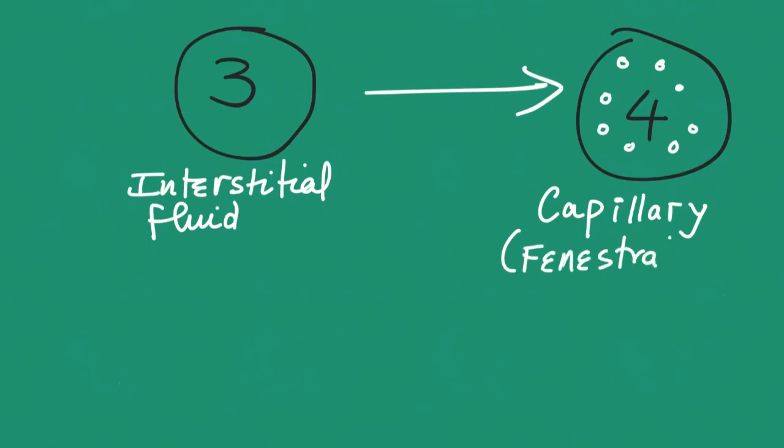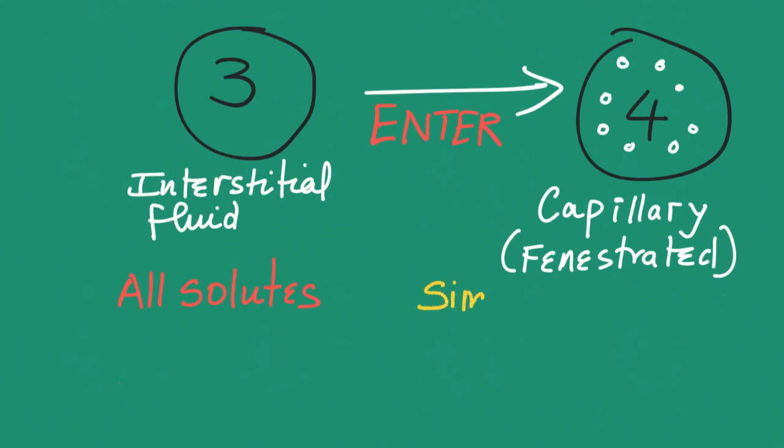So we have a fenestrated capillary that is number 4. So the molecules, all the solutes, sodium, potassium, chloride ions, glucose, amino acids, all of them enter the capillary via simple diffusion down their concentration gradient.